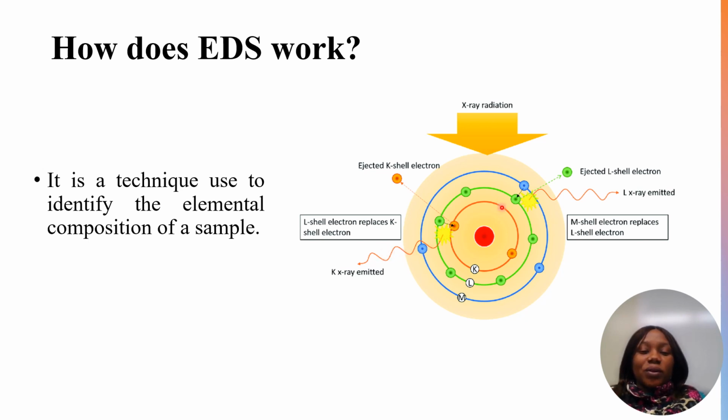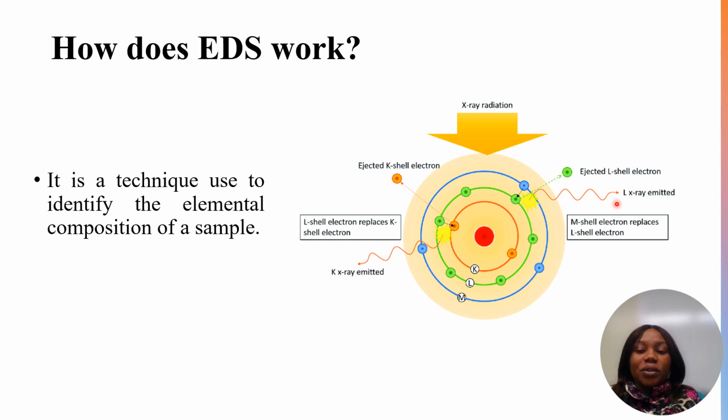So when you look at this picture over here, the K shell gets ejected, and then it creates a hole, and then the higher energy shell, which is the L shell, goes down and replaces the hole, and then the difference gets emitted as the K X-ray emission.